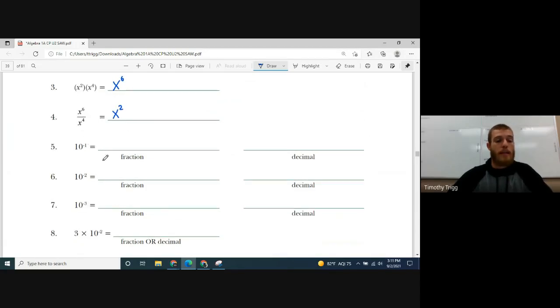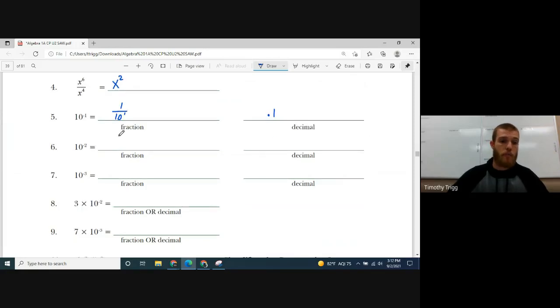Let's go ahead and write these negative exponents as fractions. So this would be 1 over 10 to the power of 1. So remember, once it comes in the denominator, now it's positive power. If I write that as a decimal, that's 0.1. Here, this would be 1 over 10 to the power of 2, or in other words, 1 over 100, right?